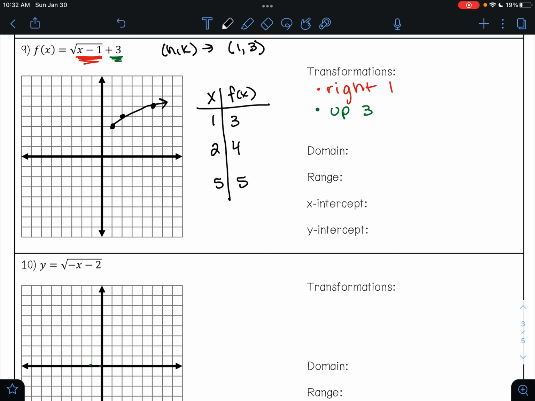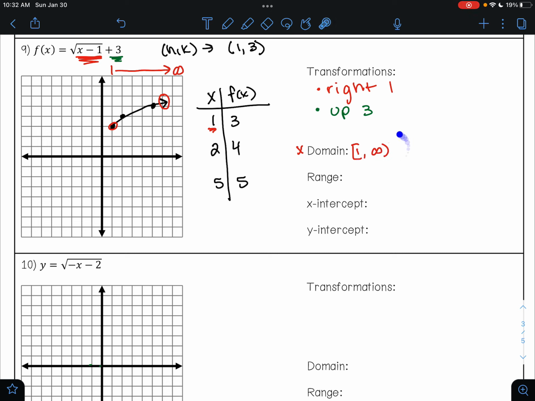Now they are also asking for the domain and the range. Remember that your domain are your x values from left to right. My furthest point to the left is this point right here. This is where my x value is 1. My graph is going to the right forever, so that's going to infinity. So my domain from left to right is from 1 to infinity.